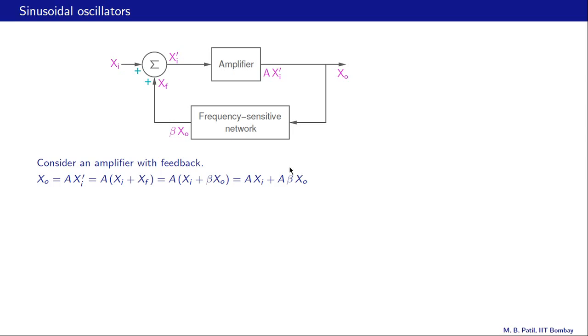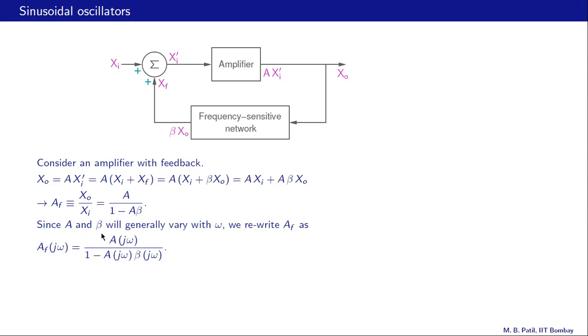Now this term, which contains xo, can be taken to this other side, and then that gives us a relationship between xo and xi. And the ratio of xo and xi is called AF, that is the amplifier gain with feedback, and that is given by A divided by 1 minus A beta. It simply follows from this equation here.